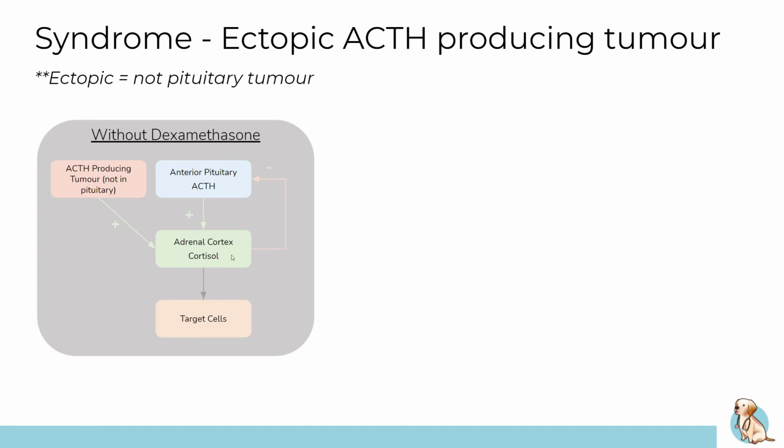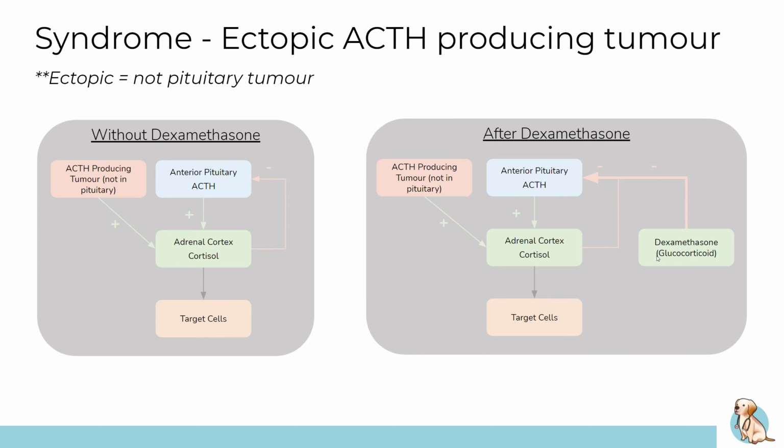But the thing is, the cortisol feedback loop only works on the anterior pituitary. So while it's suppressing the anterior pituitary, the tumor is just going to happily keep on producing ACTH. So you'll still have high levels of ACTH. After you give the dexamethasone, the glucocorticoid level is really high, so your anterior pituitary is still going to be suppressed.